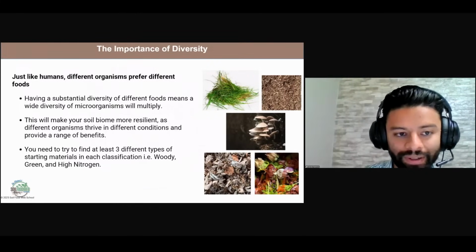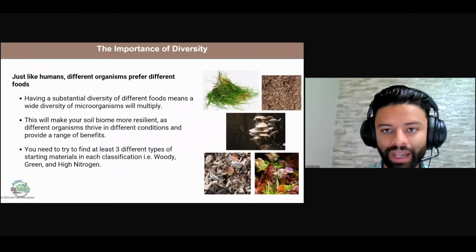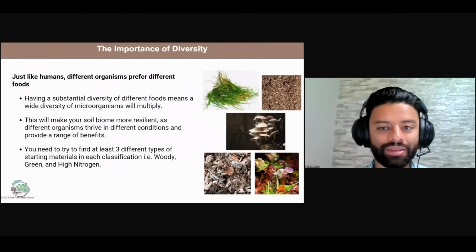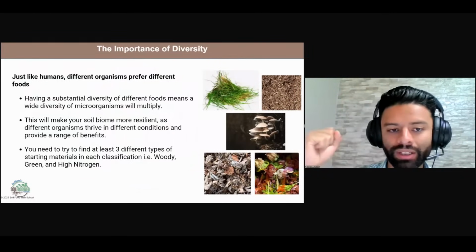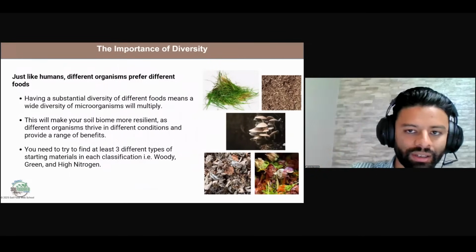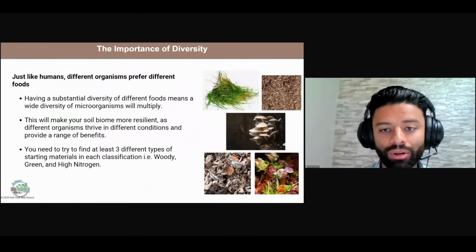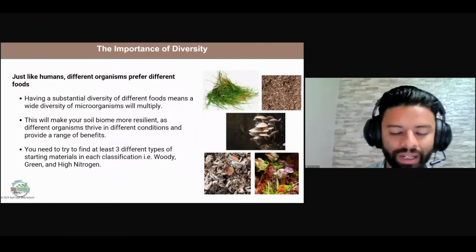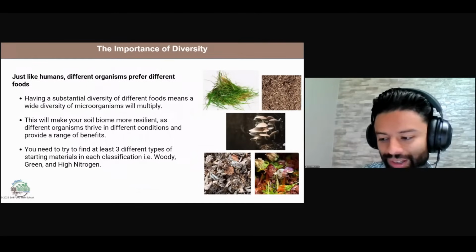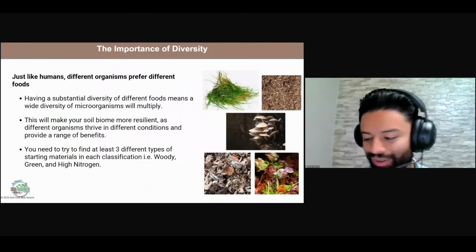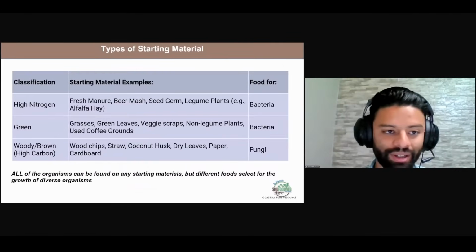The more diverse a system is, the more resilient it will behave, okay? Again, because some bacteria will be used to a certain set of moisture in the soil or a certain type of temperature range. So all that is going to give you different benefits, and it's going to make your system more resilient. Firstly, in the compost, secondly, in your soil. So very important to consider that diversity of materials.